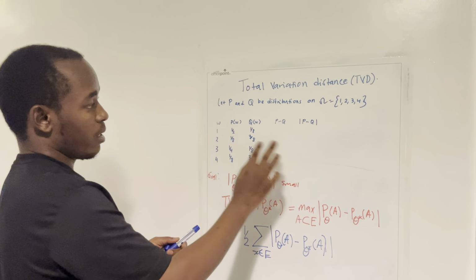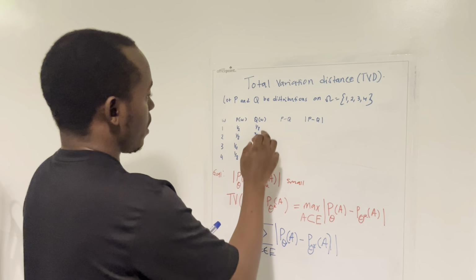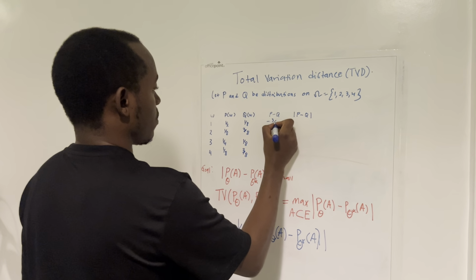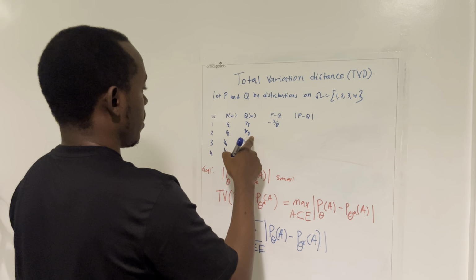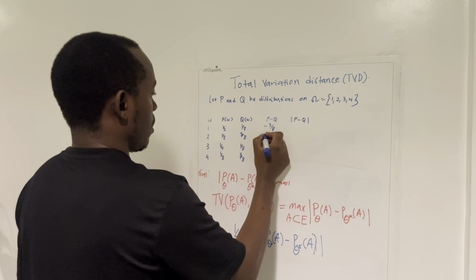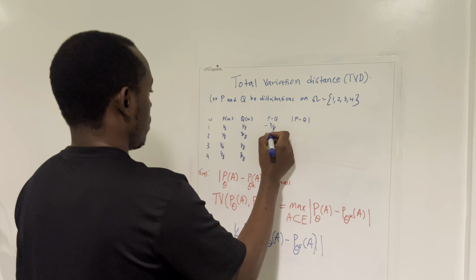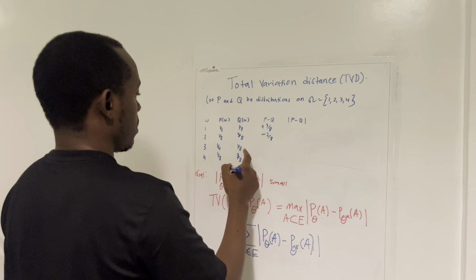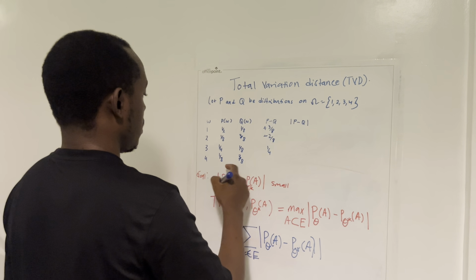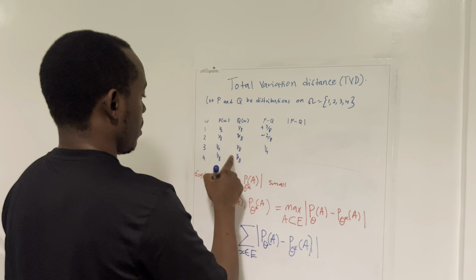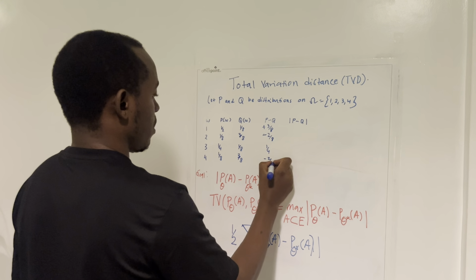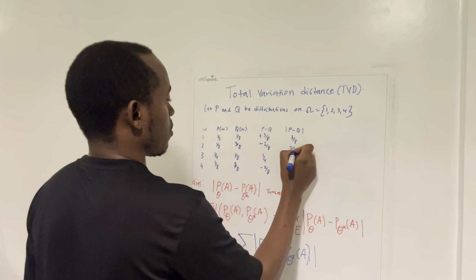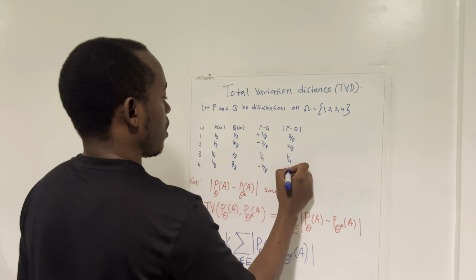So you calculate the difference between these two. 1/2 minus 1/8 gives you 3 out of 8. 1/8 minus 3/8 gives you minus 2 out of 8. It's actually positive, a quarter minus 0 gives you a quarter. And this one here, 1/8 minus that gives you minus 2 out of 8. The absolute values here are 3 out of 8, 2 out of 8, 1 out of 4, and 2 out of 8.